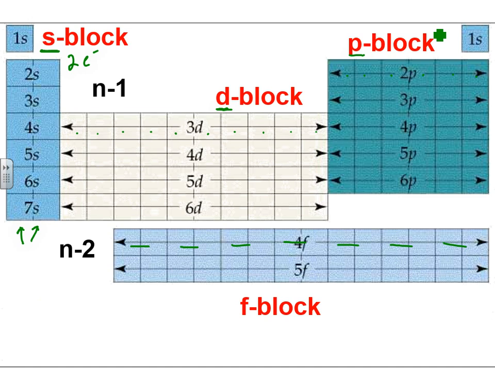Now, the n-1 and n-2 here actually show you something about the energy levels of the D and the F subshells. You'll notice that the S subshell has a 4 right here. That means we are in the 4s subshell, meaning we're in the 4th energy level. And sometimes you'll see the periodic table has a 4 right in front of it, and 5 down here, due to the energy levels. Now, when you get to the D block, that energy level is reduced by 1.